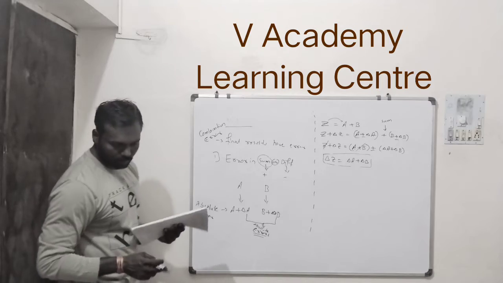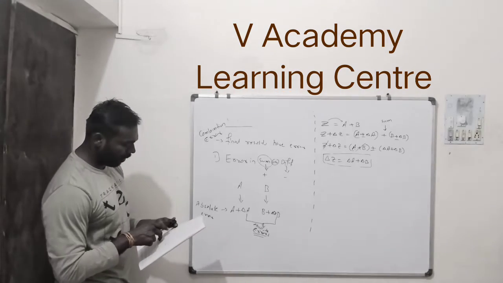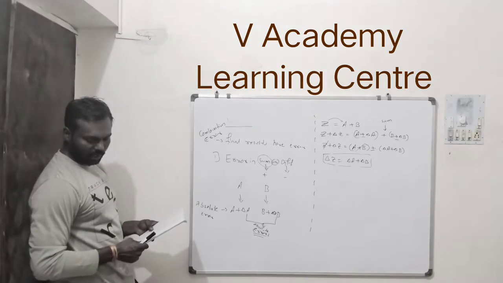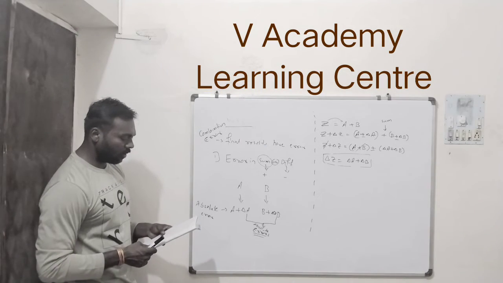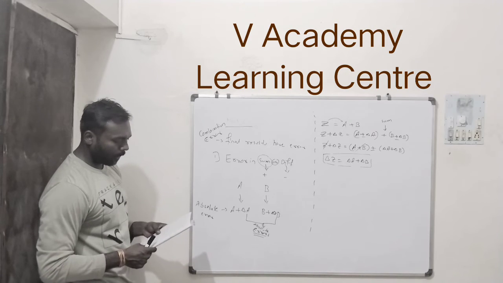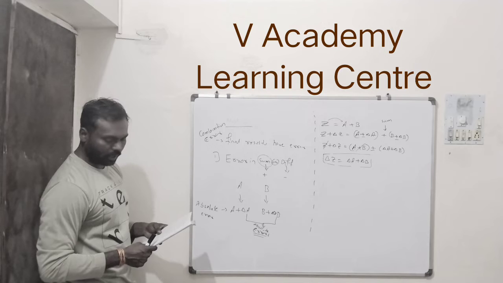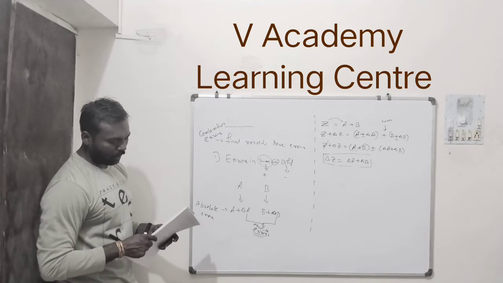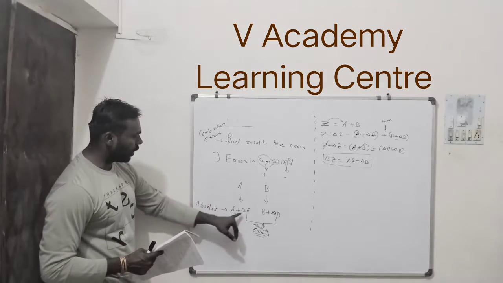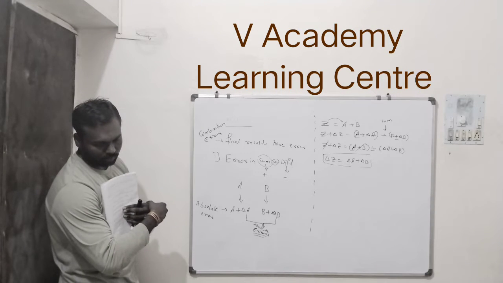Rewrite A and B. Capital A and capital B are two physical quantities that have measured values: A plus or minus delta A and B plus or minus delta B. Now, delta A and delta B are absolute errors.